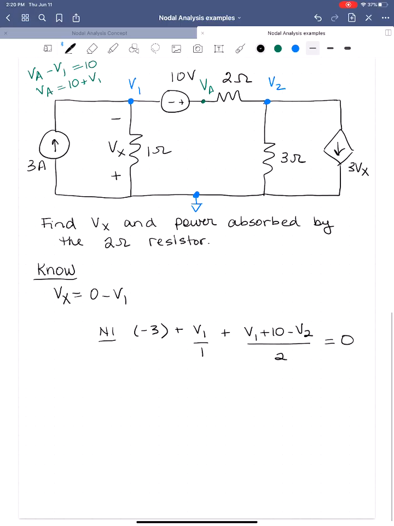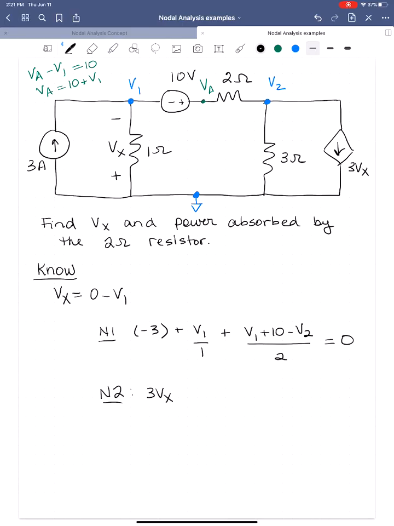Okay, our node 2 equation. Let's look at the current flowing to the right first. So again, we're summing the currents leaving this node. The current flowing to the left is 3Vx.